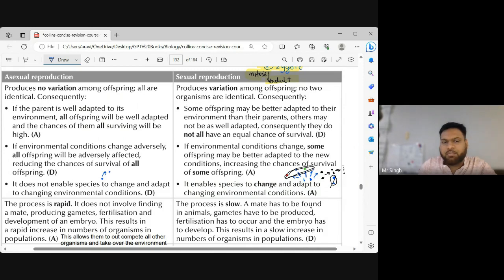When this organism produced blue offspring, what's going to happen to it? It could only produce blue offspring. So that means all of the organisms are going to die, and there are no organisms to carry on the line. Does that make sense, everyone?